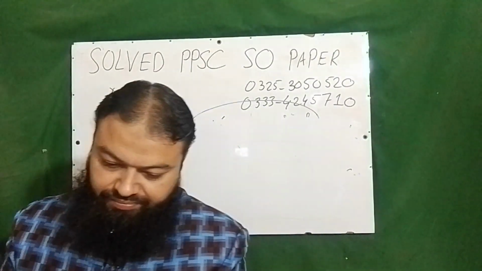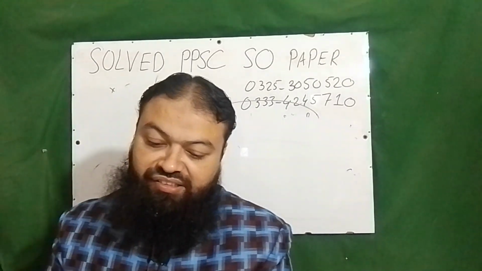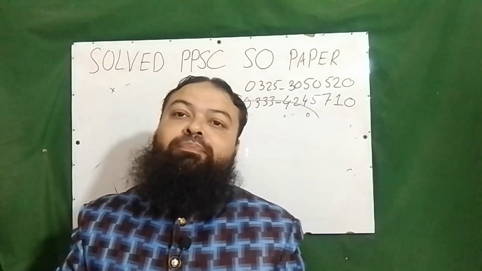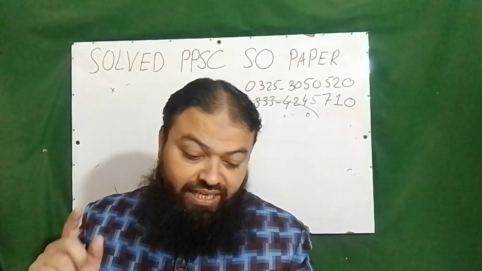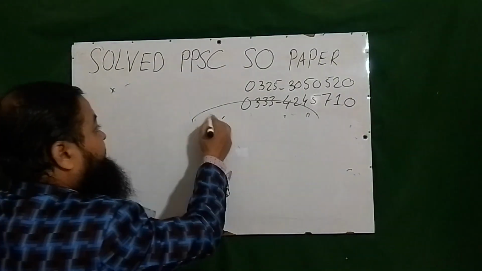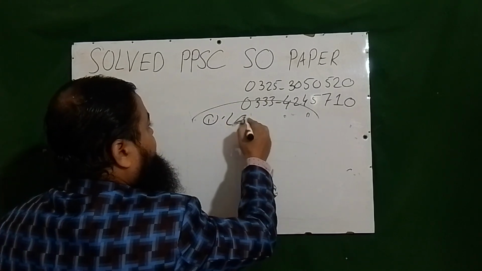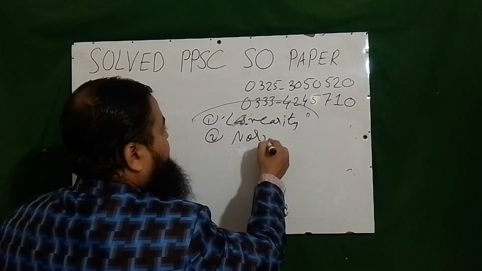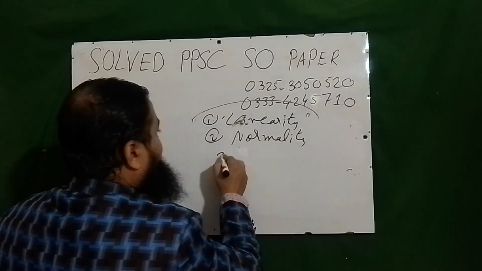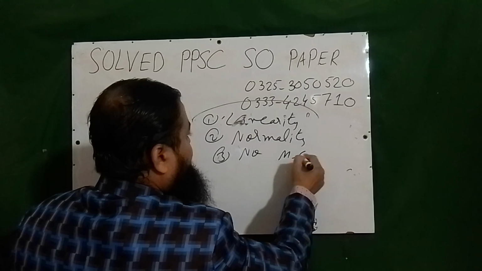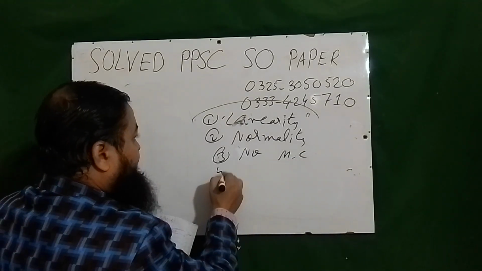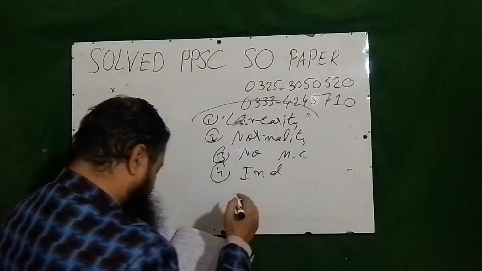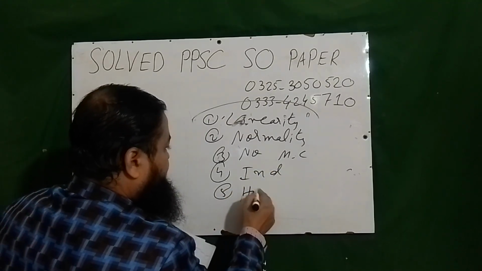Next question is, in simple linear regression analysis, the error term follows normal distribution with mean. We know the properties of the error term in the simple linear regression model, and these are: linearity, normality, no multicollinearity, independence, and homoscedasticity.